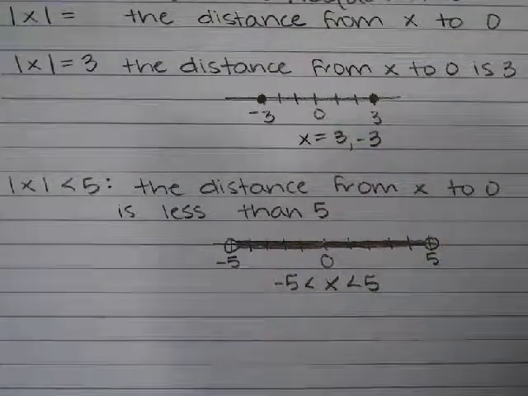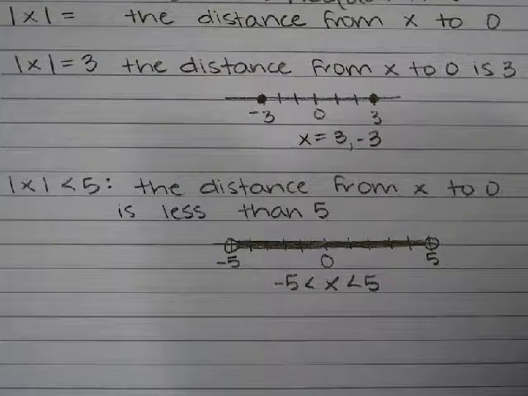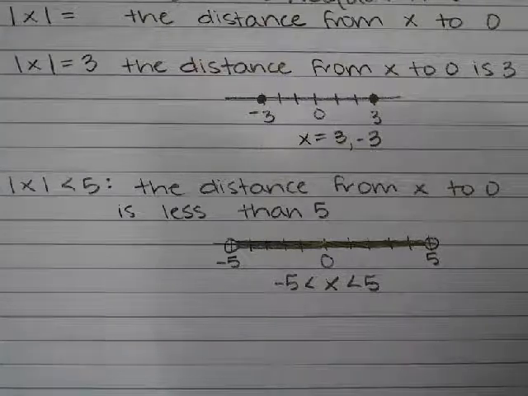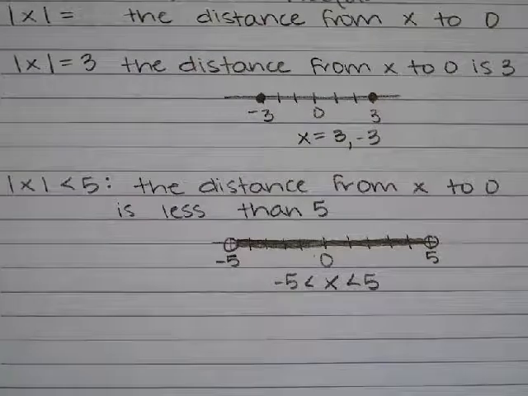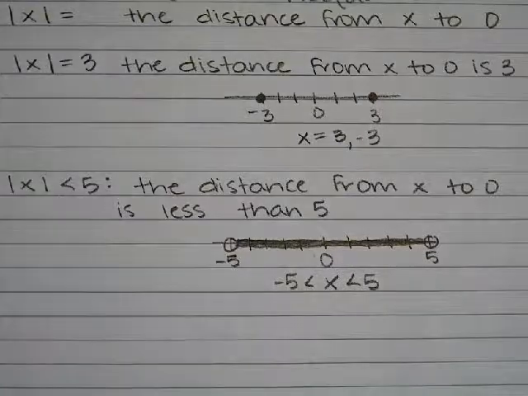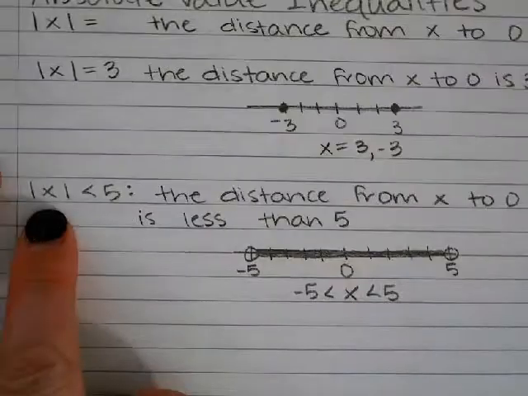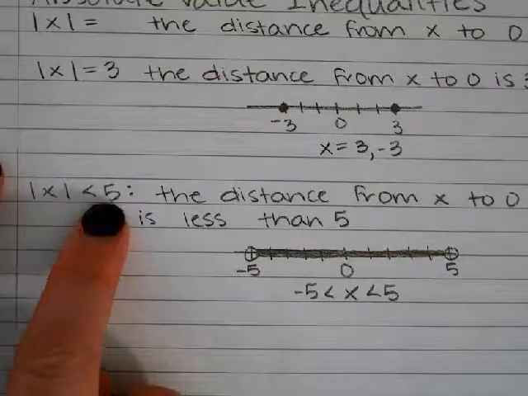So when I'm doing an inequality problem, if I have my absolute value sign isolated and the number over here, and this is where I get my color out. I'm going to use marker actually. Make it easy for you guys to read.